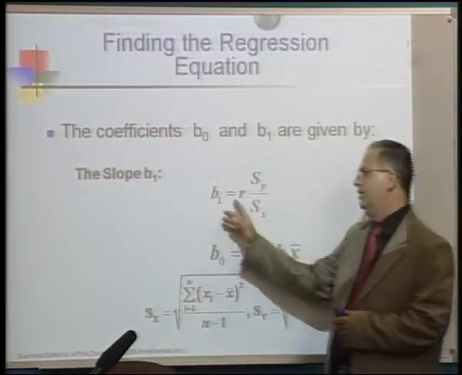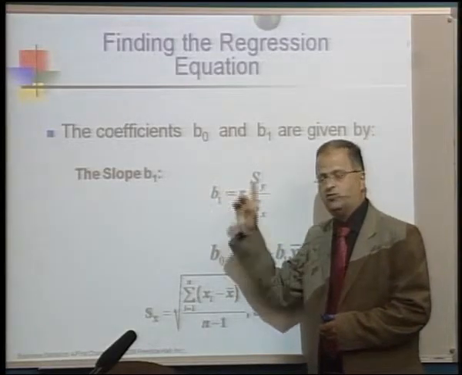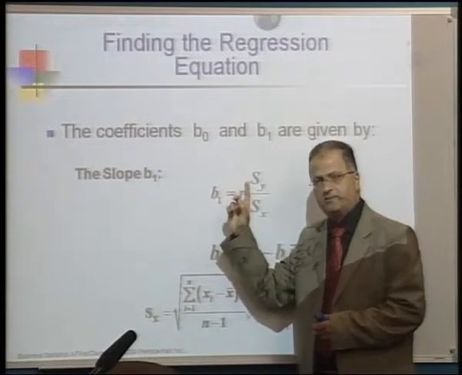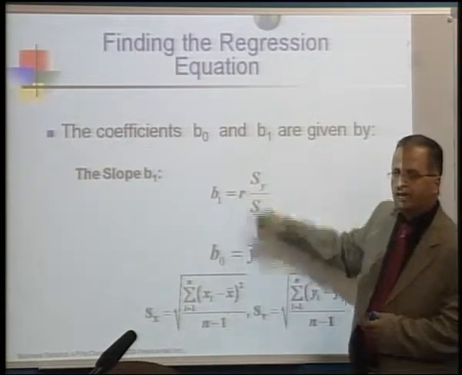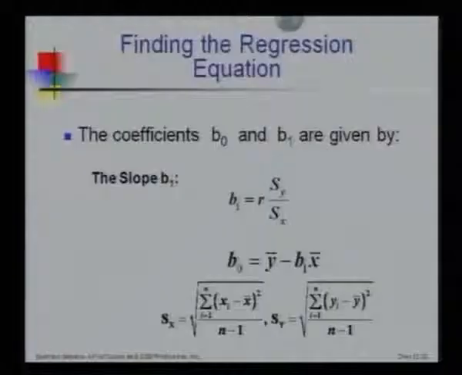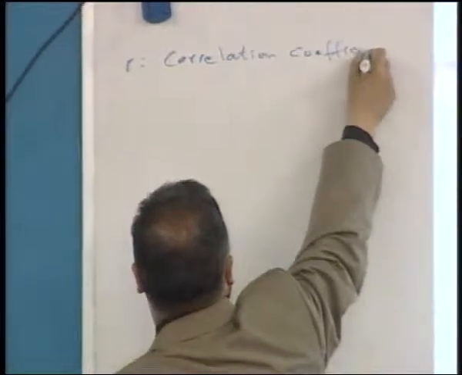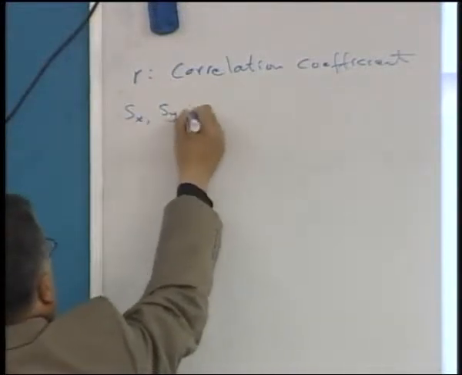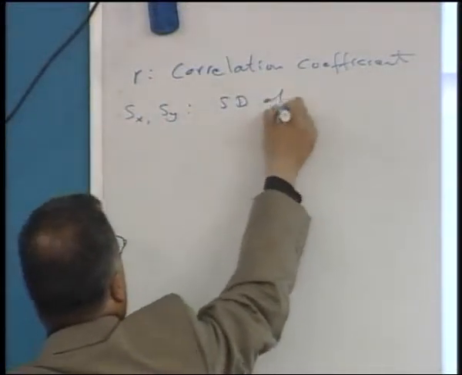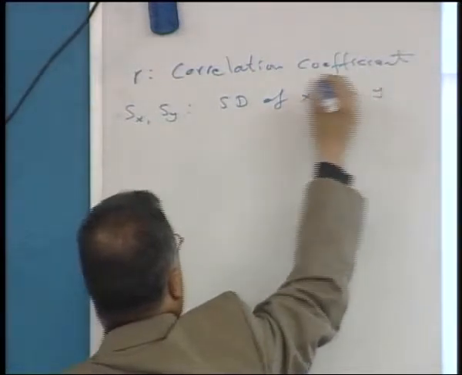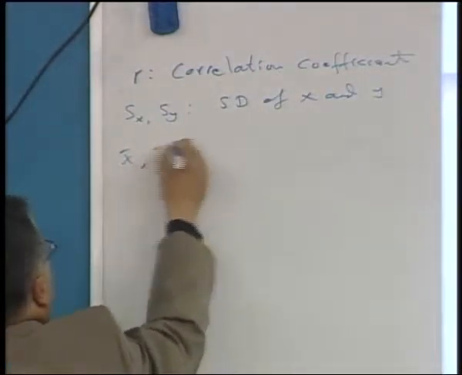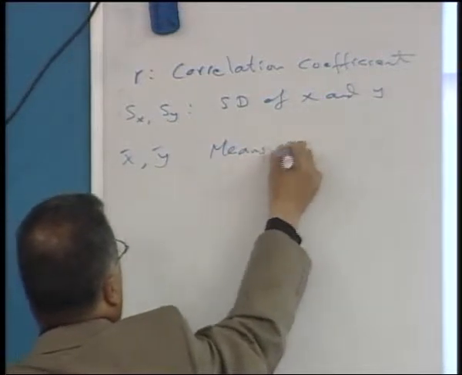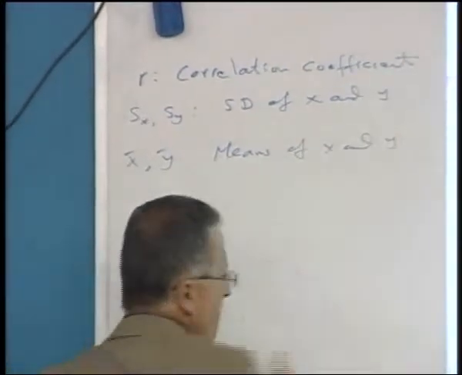So in order to determine the values of b0 and b1, we have to know first the value of r, the correlation coefficient, sx and sy, the standard deviations of x and y, as well as the means of x and y.